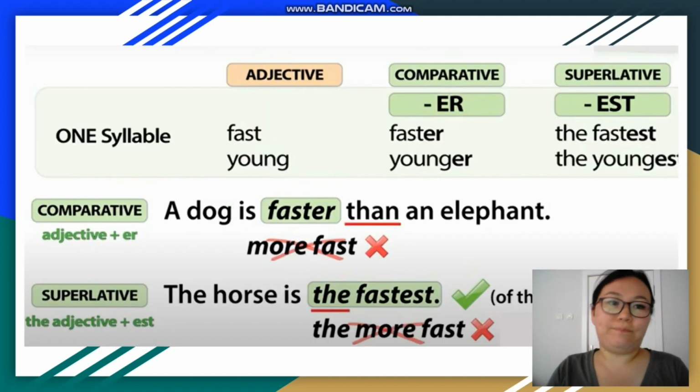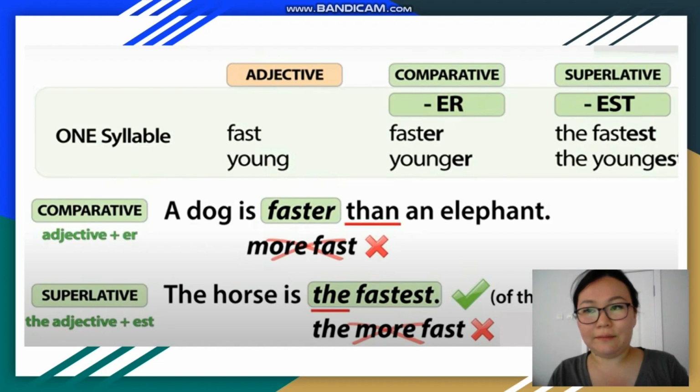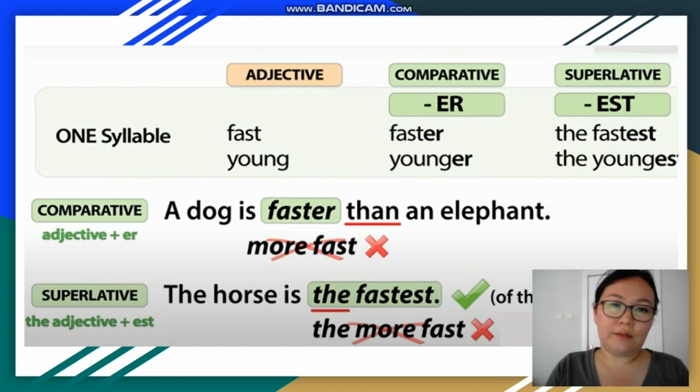First, if we use one syllable adjectives, for example fast or young, we put er at the end of the adjective to make it a comparative.